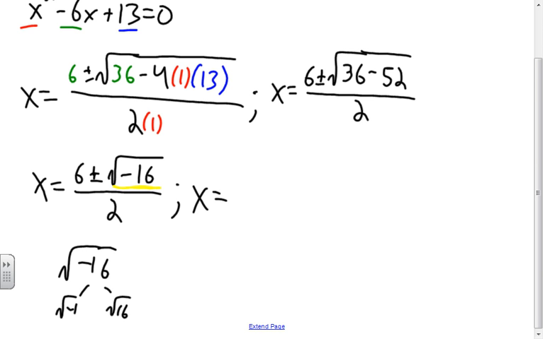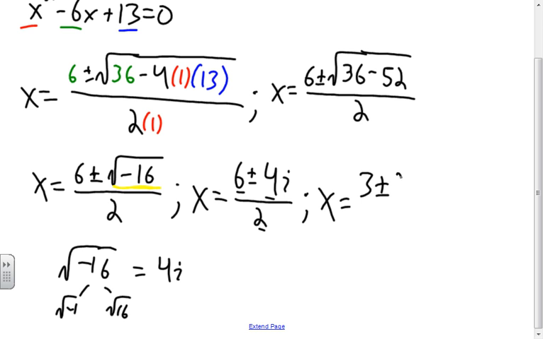Square root of 16 is 4, so this is the same as saying 4 times i. So we now have x equals 6 plus or minus 4 times i over 2. And again, we need to simplify that down. We can divide both of these by 2. So we'd say in the end x equals 3 plus or minus 2i.